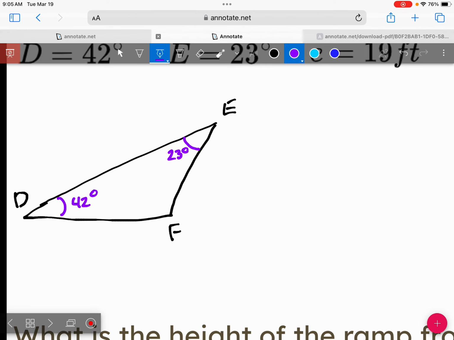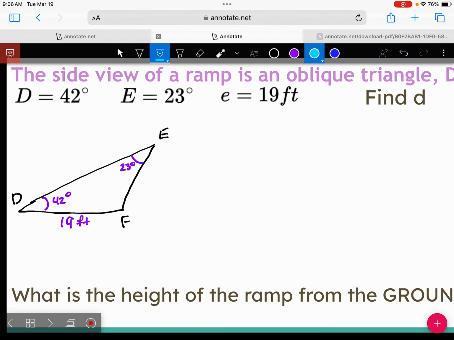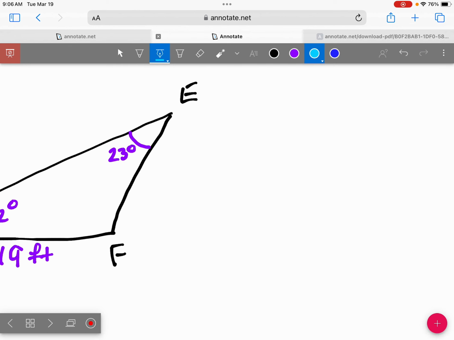And we know that side E, remember side E is across from angle E, is 19 feet. So that's just labeling the things we know. What we're asked to find is side D. Lowercase d means that's the side. So we want to know side D.